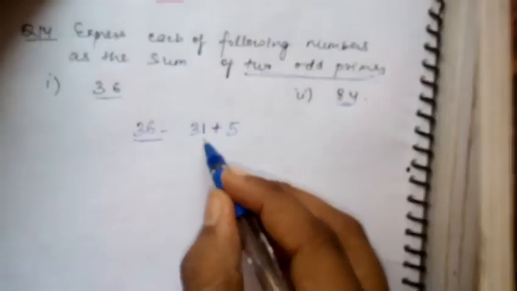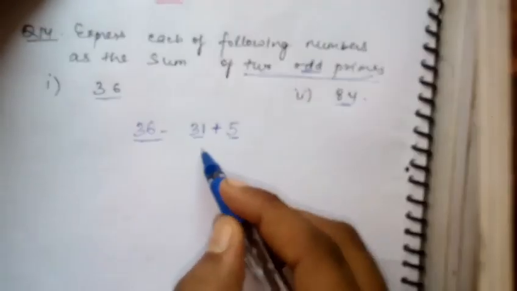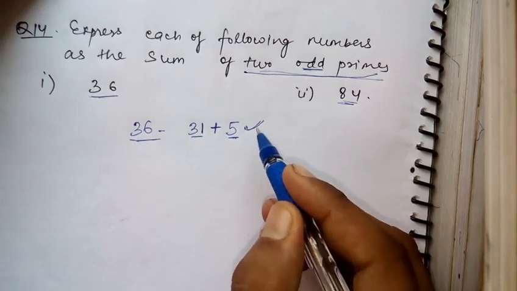We can see that 31 and 5 both are odd numbers, and also they are prime numbers. Therefore our solution is correct.